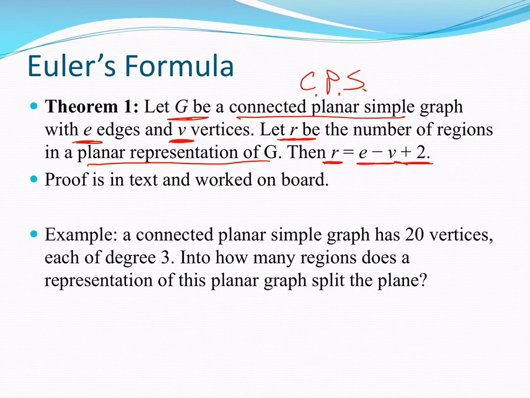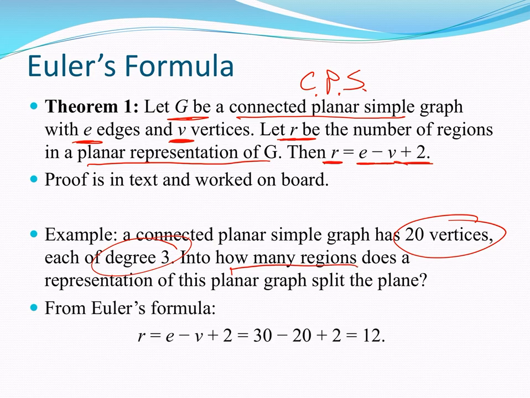How can we apply it? Well, there'll be a number of ways. Just quickly, though, if I have a CPS graph with 20 vertices, each of degree 3, how many regions does it split the plane into? Well, R is equal to E minus V plus 2. 30 edges minus 20 vertices plus 2 gives us 12 regions.